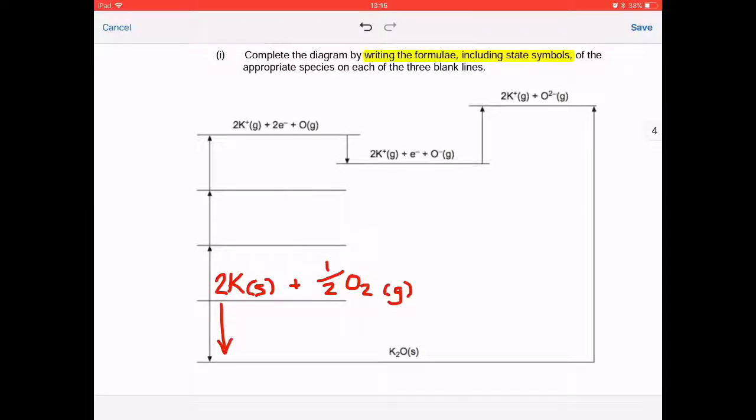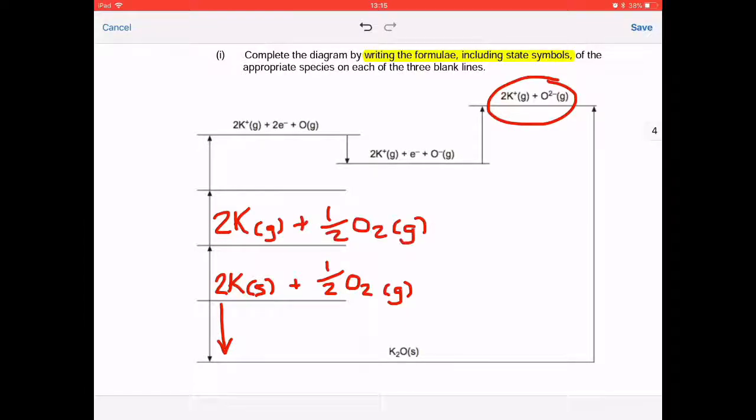Beyond that, we have to look at 2 different processes which start to build towards forming the 2 ions, which allow you to do the enthalpy of lattice dissociation, so ultimately getting to these ions up here. The first thing is that you should atomize the potassium, so it becomes 2K as a gas plus a half O2 as a gas.